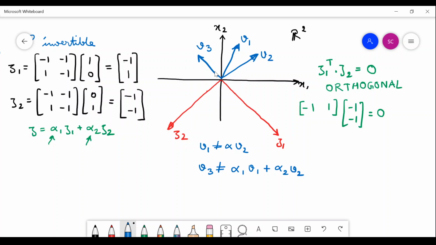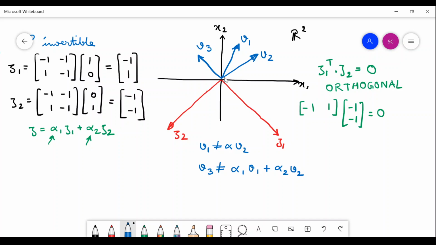Then of course v3, v1 and v2 will form an independent set, because in no combination of v1 and v2 will you be able to escape this R2 plane. But your v3 is lying outside the R2 plane, so of course your v3 will be independent of v1 and v2 in that case.